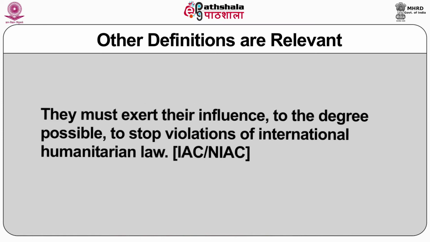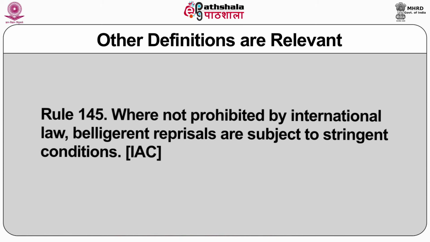They must exert their influence to the degree possible to stop violations of international humanitarian law. Rule 145 goes on to say, where not prohibited by international law, belligerent reprisals are subject to stringent conditions. This essentially would be international armed conflict, not non-international armed conflict.